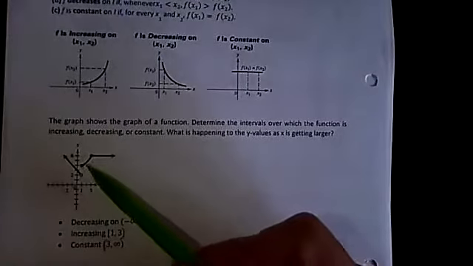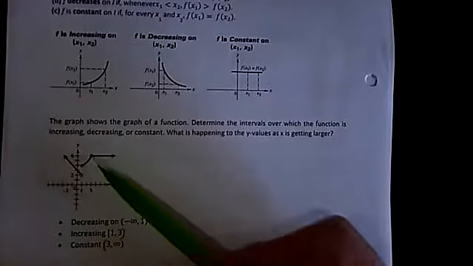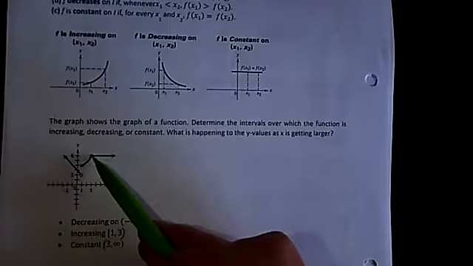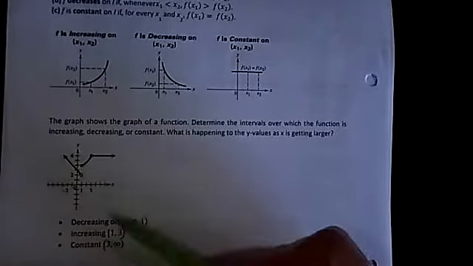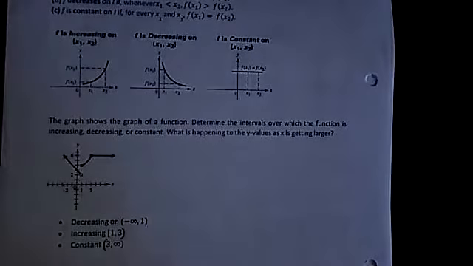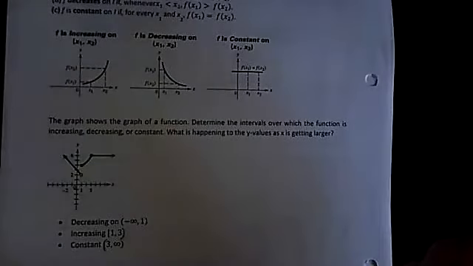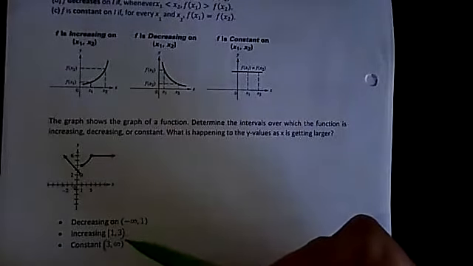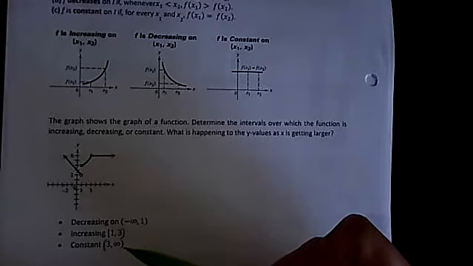But here's the problem. If I go here and I'm saying, okay, it increases to 3, and 3 is included in it, so it's increasing at 3. But then I'm also saying it's constant at 3, and that's included. Well, it can't both be increasing and constant at 3.